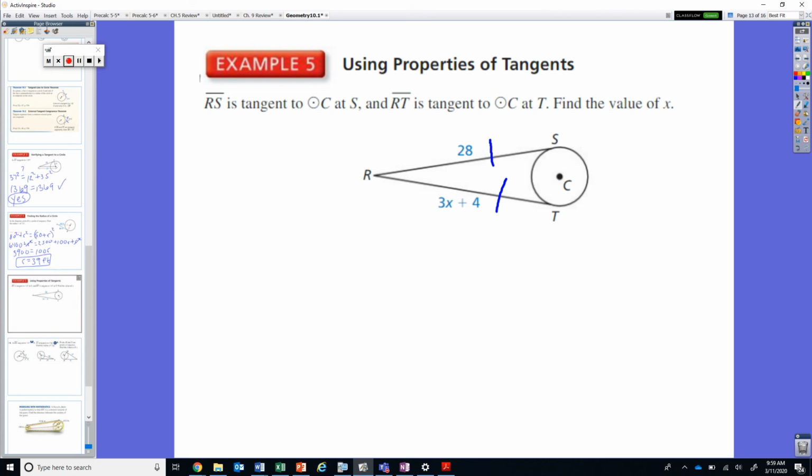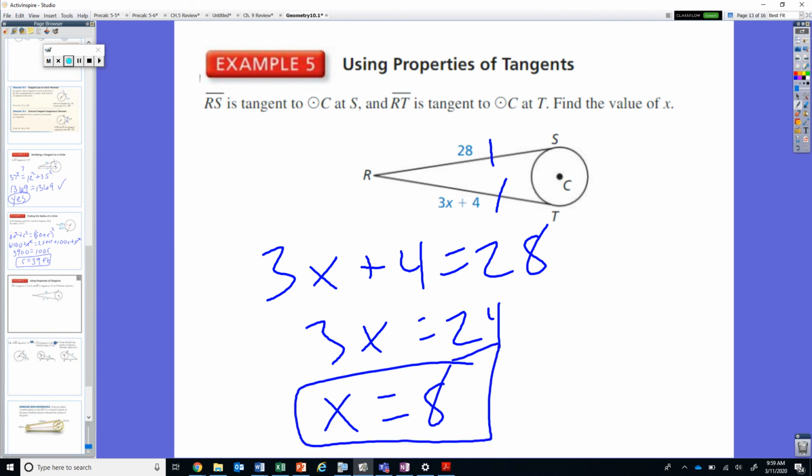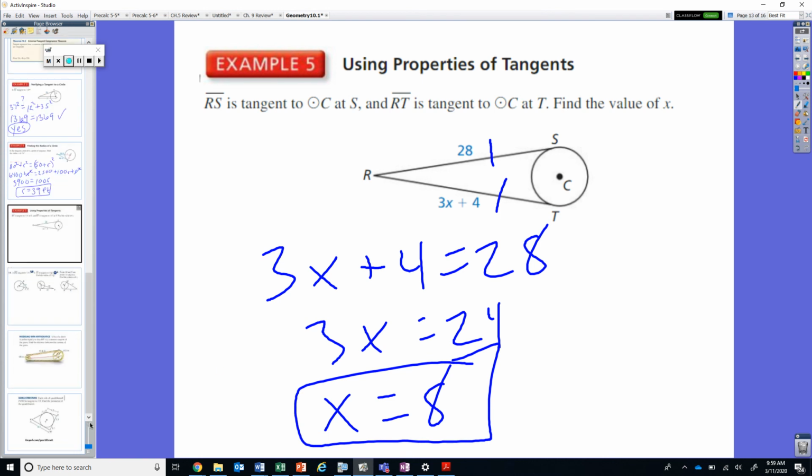So our life really isn't too bad, and we can set these two equal to each other to solve for the value of x. And so 3x equals 24, and x ends up equaling a value of 8. And since these two are congruent, we can set them equal to each other, and that is enough information to prove that we have a value of 8 for x.